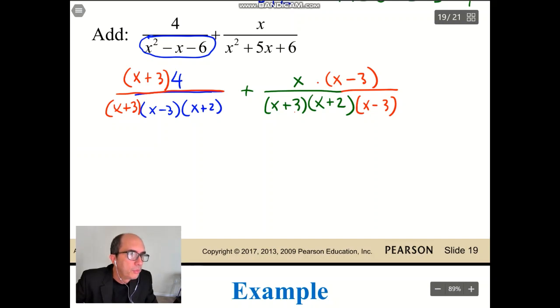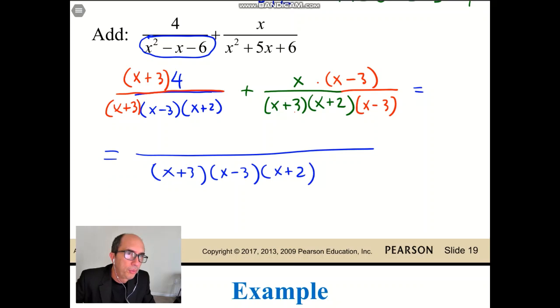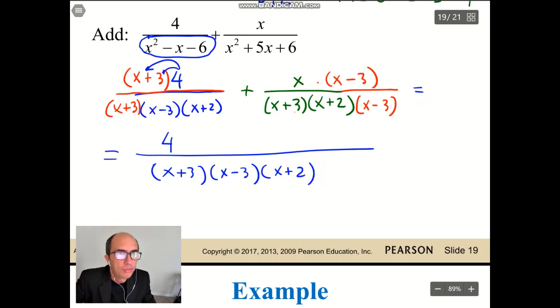We can write now everything with the same denominator, right? X plus 3, x minus 3, and x plus 2. And on the top we add the numerators. 4, let's make the distribution here. 4 times x for x plus 4 times 3, 12.